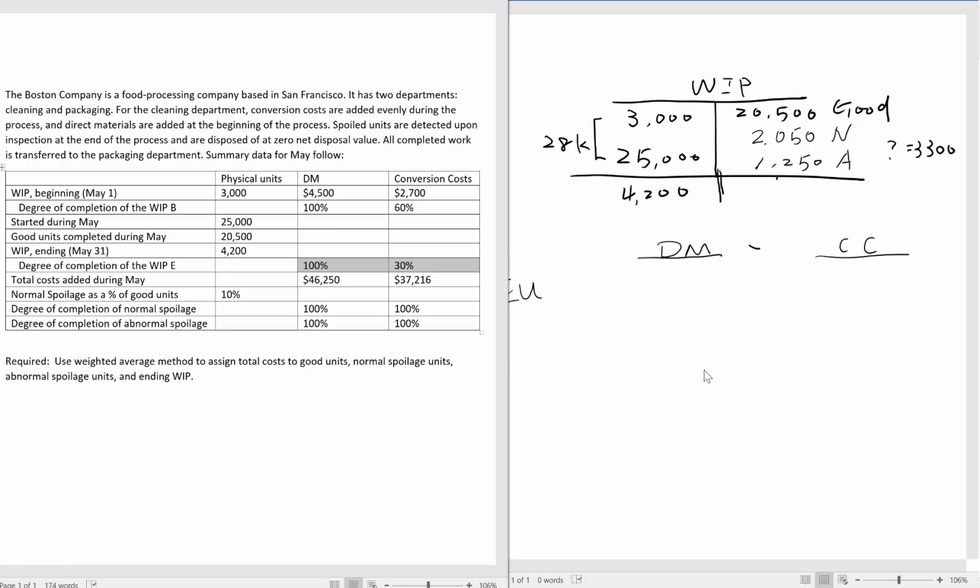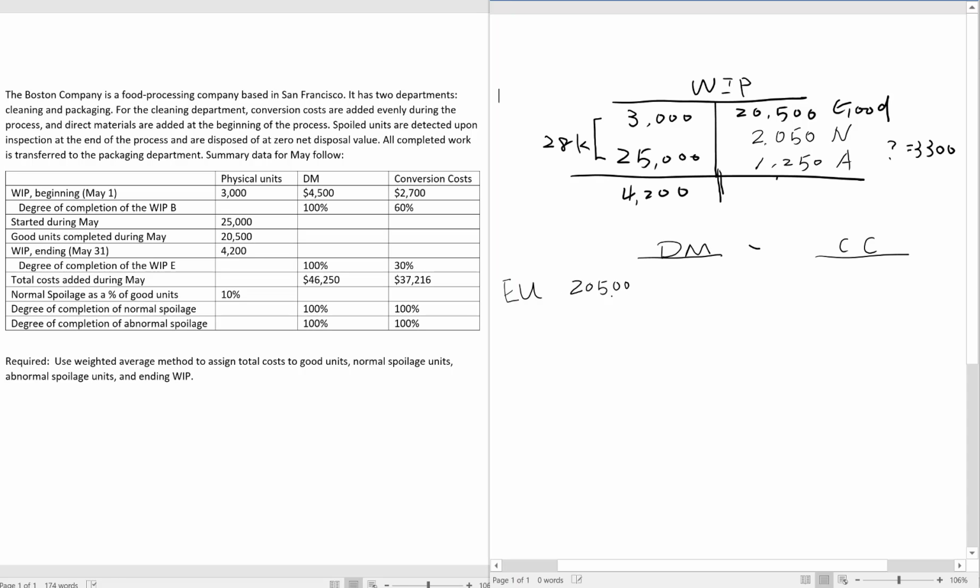So the equivalent units for direct materials are 2,500 good units plus 2,050 normal spoilage units plus 1,250 abnormal spoilage units plus ending work in process 4,200 units equal to 28,000 units.